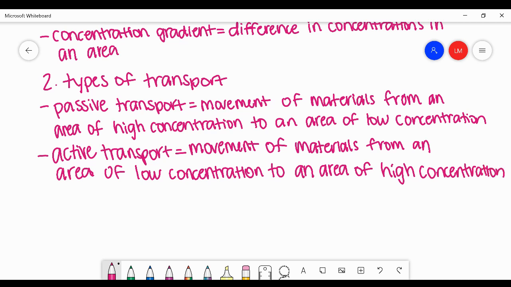But the difference is this uses energy, because what the cell wants is to have equal amounts, and this goes against that. So it takes energy to move things out of a cell without any coming in.